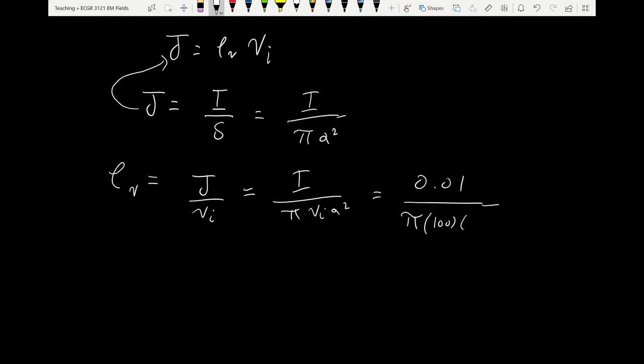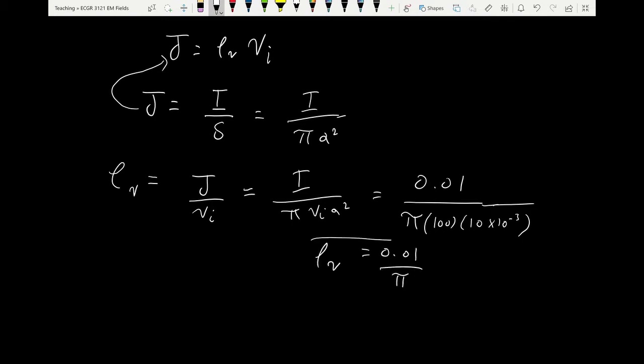So it is 10 times 10 to the power minus 3 meters in SI units. So that's 100 times 10 times 10 to the power minus 3, which is 10 to the minus 2, cancels with 100, right? 100 is 10 to the power of 2 times 10 to the power minus 2. So we end up with 0.01 over pi.